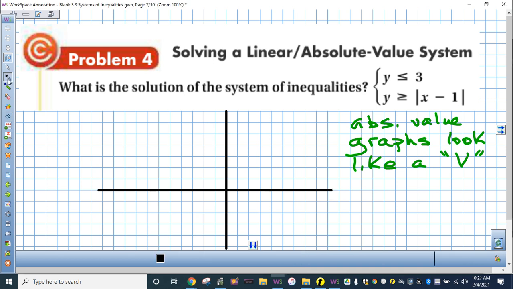So we're going to graph and shade with a line and an absolute value. They could give you two absolute values, so don't freak out if that's the case. But y equals 3, are we talking vertical or horizontal line? People are confused. Y equals 3, which axis does it cross, y or x?